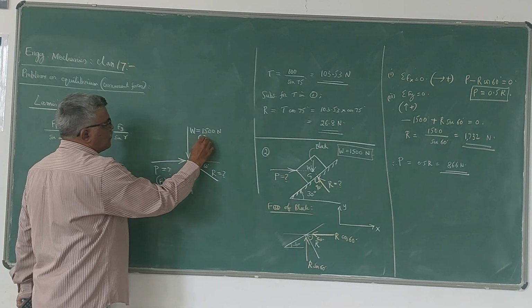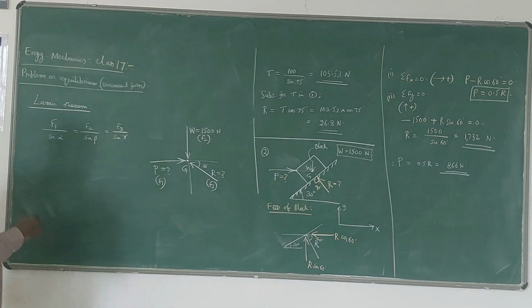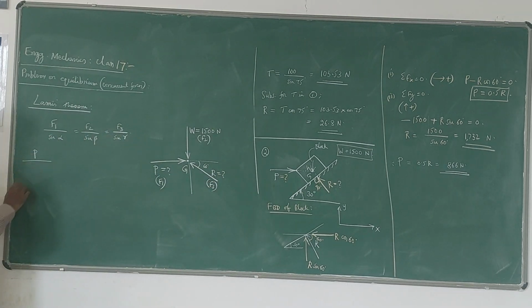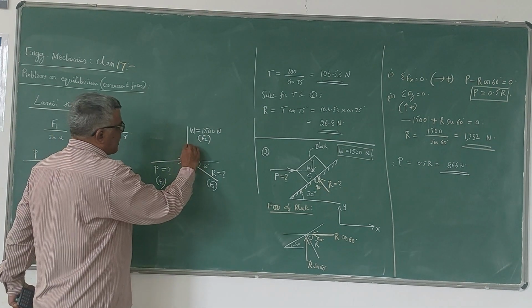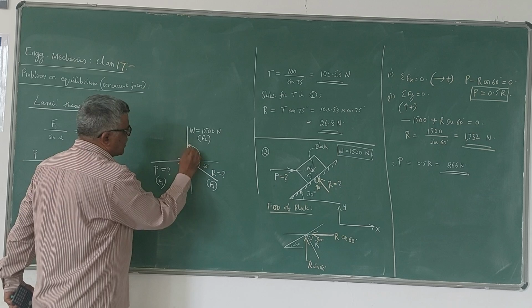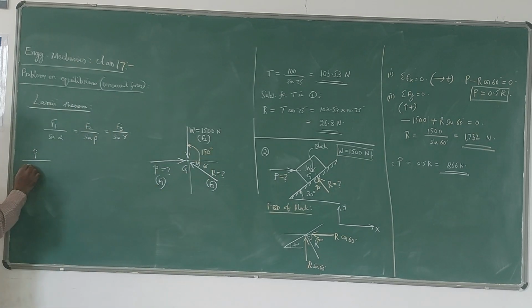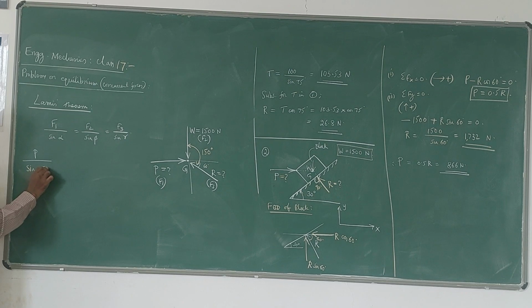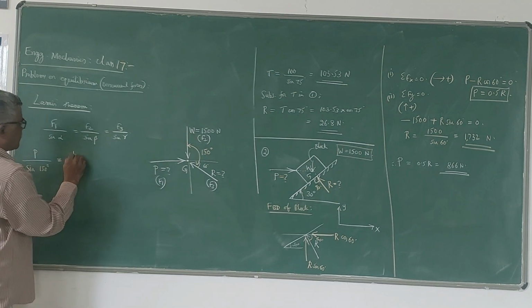This is F2. This is F3. R is F3. So P divided by sine of the angle between the other 2 forces, which is 60 plus 90, 150 degrees.